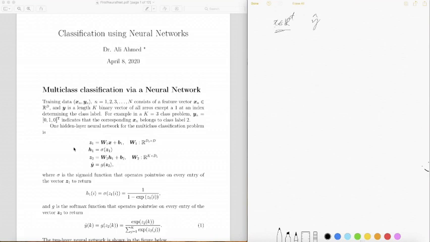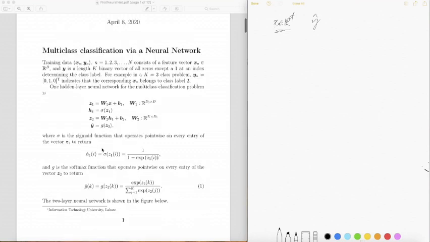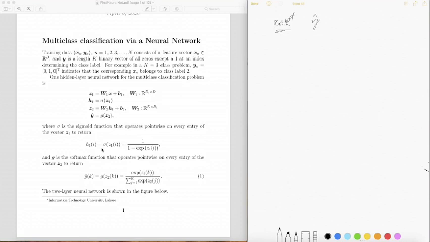For example, here the number of neurons in the first layer output is D1. The input dimension is D. The outputs of the second layer are K, and the input of the second layer is D1. So we will give you the D1s, Ds, and Ks, and ask you to train these weight and bias parameters and show us your classification accuracy. Do it using gradient descent, and all of the equations are given over here.